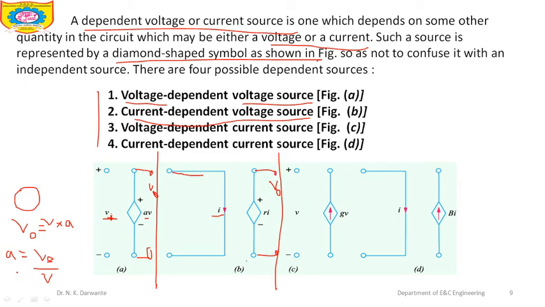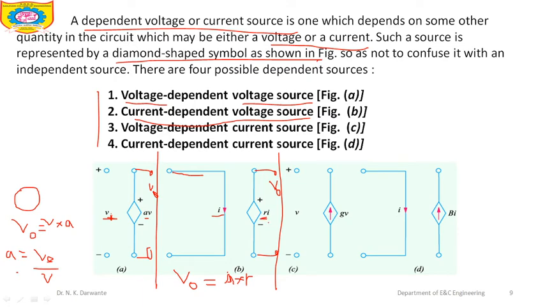Now how can we find this output voltage? In this case output voltage V is equal to the input current, small I, multiplied by, you know that voltage is nothing but the product of current and resistance, therefore here I will write R. Here this R is the transfer resistance.